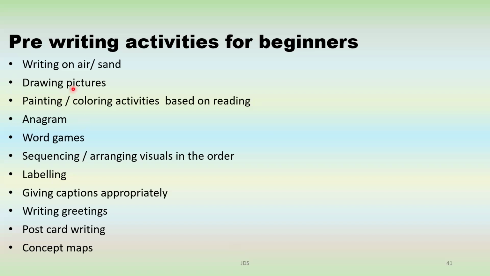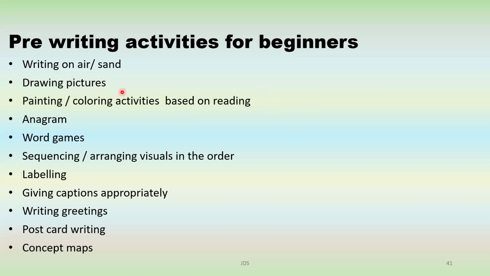Drawing pictures. Pictures of maybe, say, very simple objects. Ball. Now, any object that starts with the letter B, it can be a ball. It can be a balloon. Right? So you give them the word and ask them to draw the picture. Painting, coloring, right?